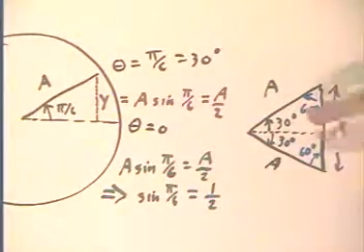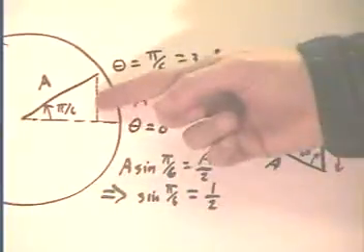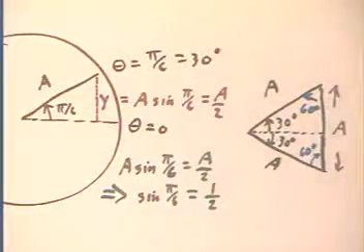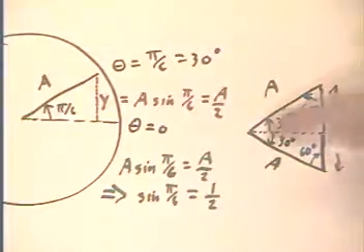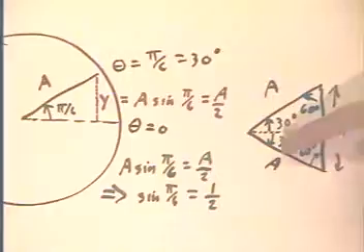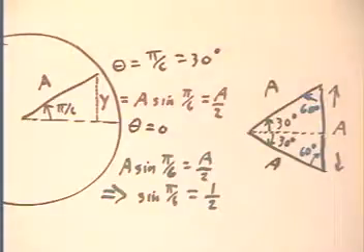This angle is 90 degrees because, of course, here we're projecting vertically to the x-axis, which gives us a right angle here or here. Now if we take one of these triangles and flip it upside down and put it in this position right next to the first one, then we have two 30-degree angles here, which makes a 60-degree angle, and of course we have 60-degree angles here, so we have an equilateral triangle.